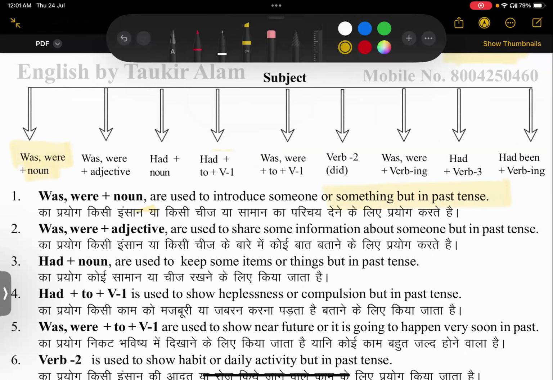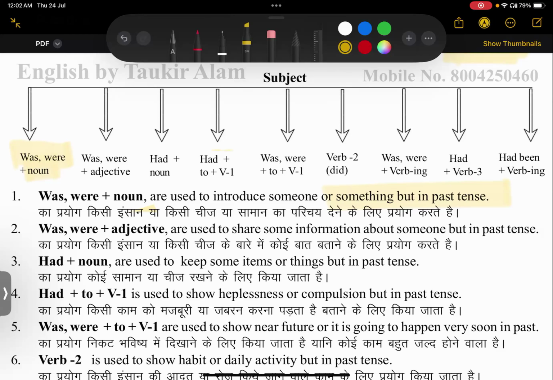For example, he was a doctor. I'm not talking about at the current time. He was an engineer. She was a nurse. In all those structures, I have told some sentences that support was verb plus noun.